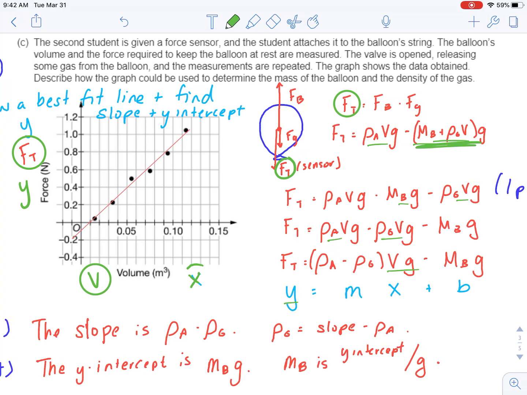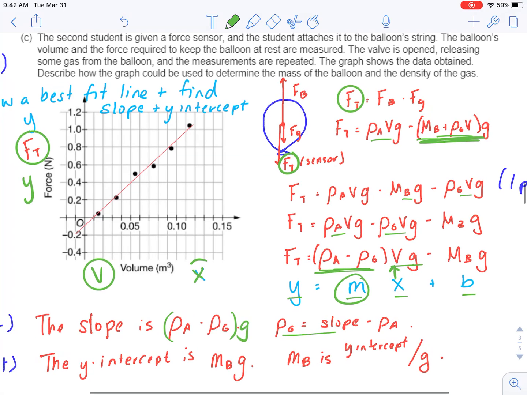So when I overlay this with y equals mx plus b, what I see is that V is my x variable. My slope is the difference in densities. It's actually the difference in densities times g, because we've still got this g hanging out here. So I would need to divide by g before I calculated that.